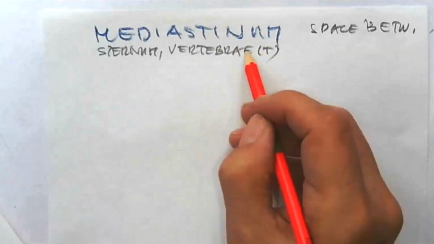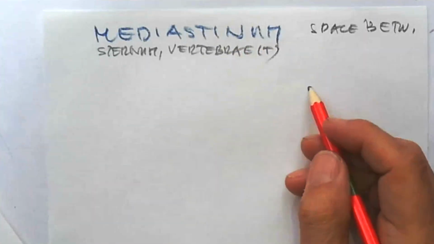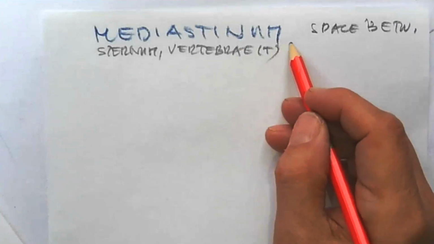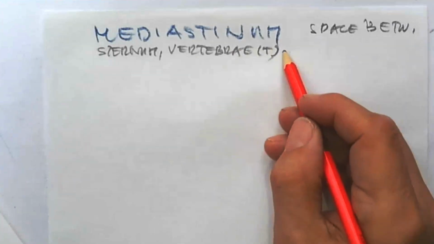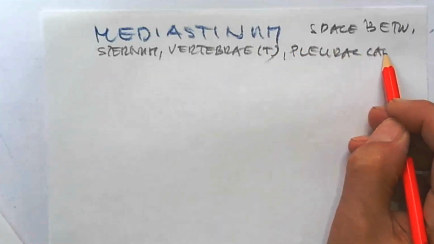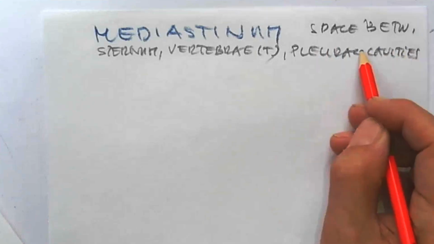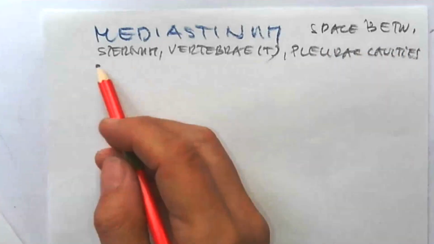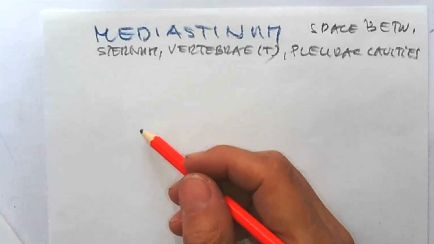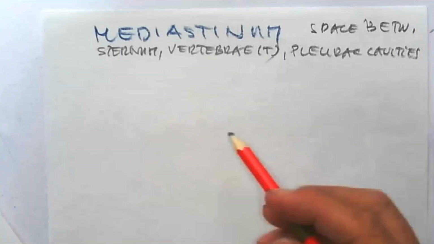vertebrae, thoracic vertebrae, logically, then pleural cavities, right? So these are the boundaries. Of course, there is also the superior thoracic aperture and inferior thoracic aperture.